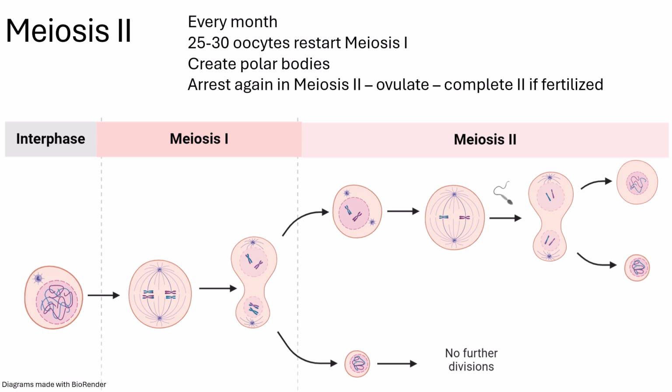This secondary oocyte is again arrested before completing meiosis 2. Hopefully, it's ovulated and it'll complete meiosis 2 upon joining its chromosomes with those from a spermatozoon. If the secondary oocyte doesn't get ovulated, it's going to try again next month, and then the next and the next. At some point, it might give up and it might be lost to atresia or breakdown.